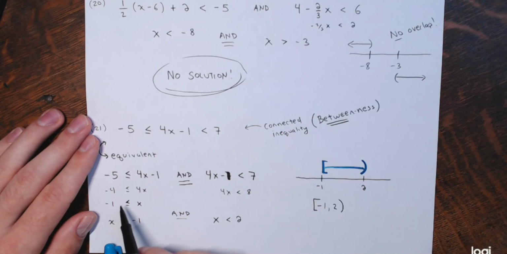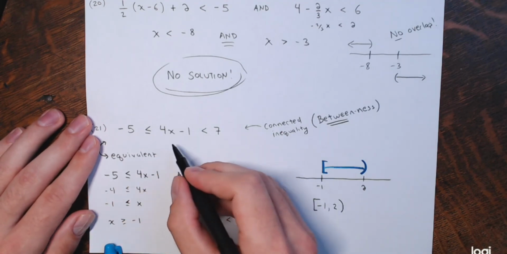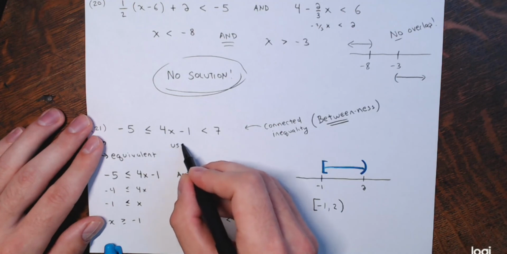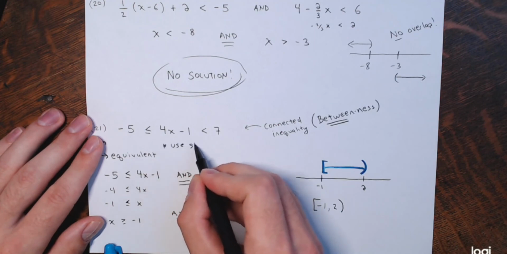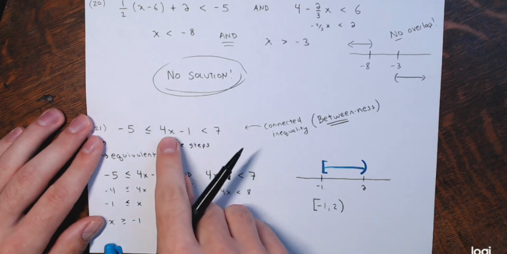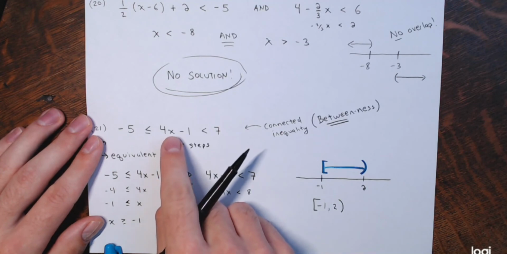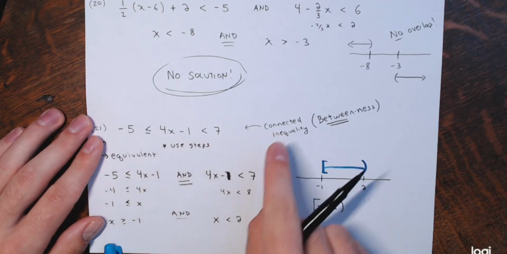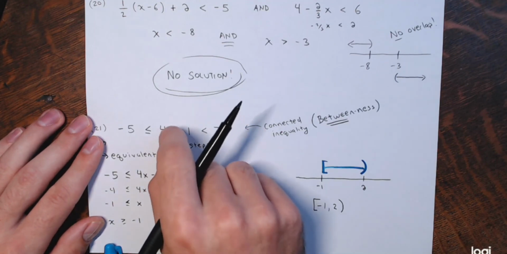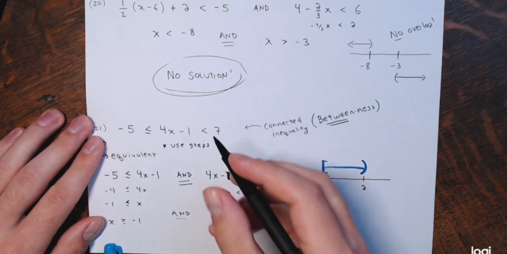So rather than do that, rather than split them up, just use steps to get the variable alone in the middle. You can solve these connected inequalities the way they look at the beginning.